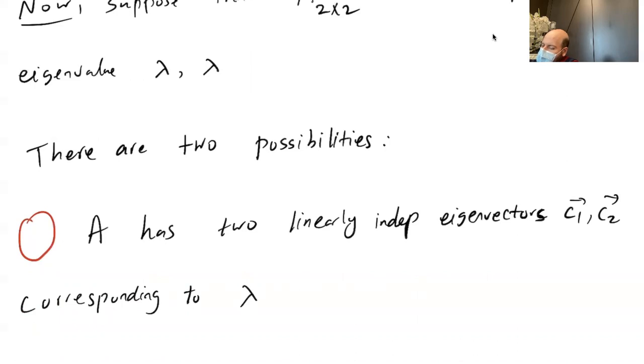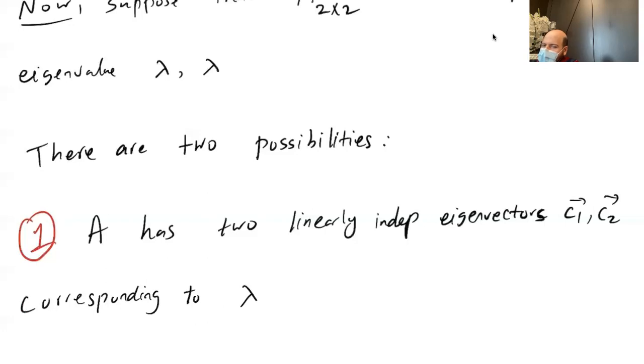This is possible because we already saw before that if you have an eigenvalue which is repeated k times, with multiplicity k, then the matrix will have at most k linearly independent eigenvectors corresponding to that eigenvalue.